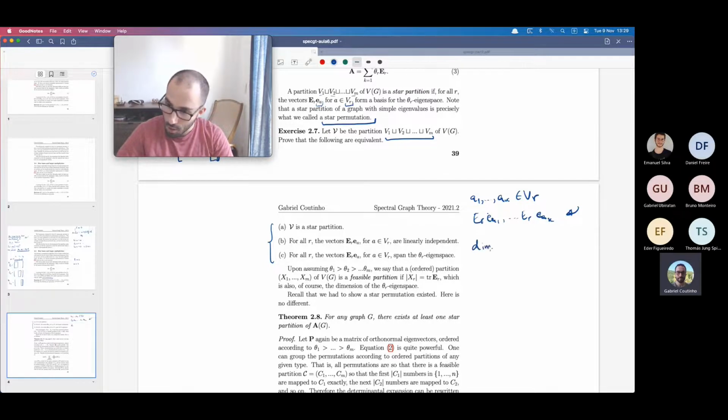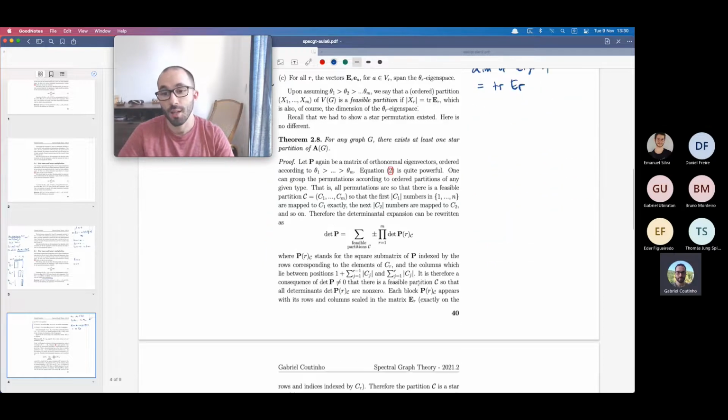And the dimension of the theta r eigenspace is exactly the trace of E sub r. We just discussed that a little bit ago, right? So for a given partition to be a candidate to be a star partition, at least each one of the cells must have the right size. So at least X1 must have the size of the dimension of the theta 1 eigenspace, and so on.